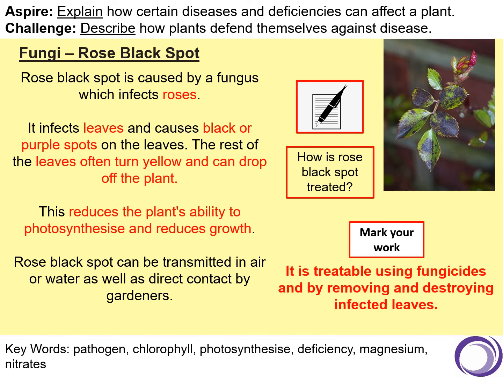Okay guys, so hopefully you've written down your answer to how is rose black spot treated. Because it is caused by a fungus, we can use fungicides to actually treat this disease, and also we can remove and destroy the infected leaves.